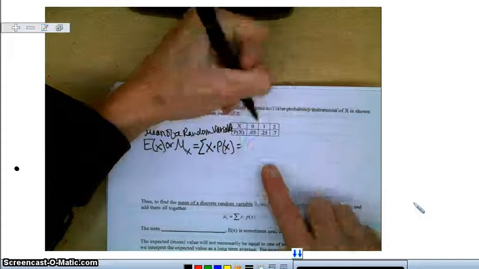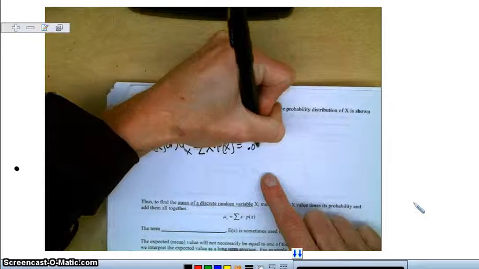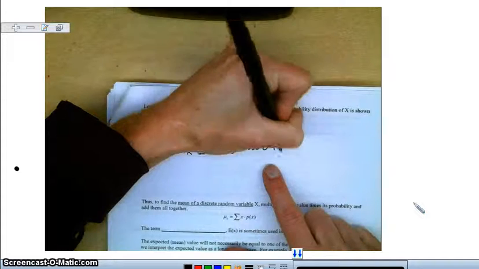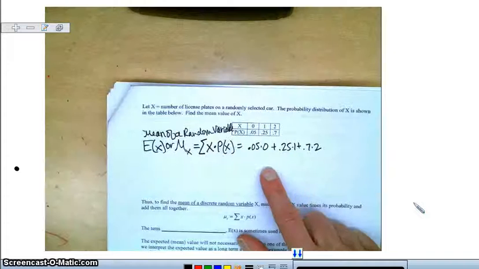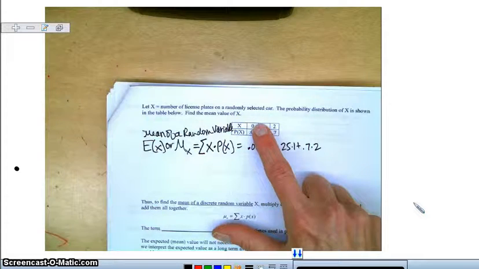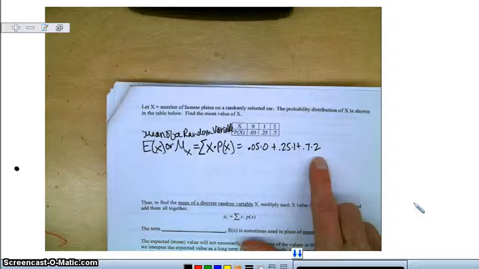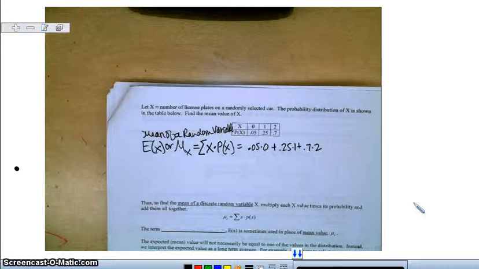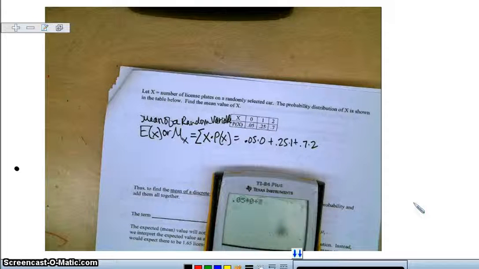To do that, I'm going to take 0.05 times 0 plus 0.25 times 1 plus 0.7 times 2. So every x value, 0, times its probability. I'm basically just multiplying up and down and then adding all those together. When you do that, 0.05 times 0 plus 0.25 times 1 plus 0.7 times 2 is 1.65.